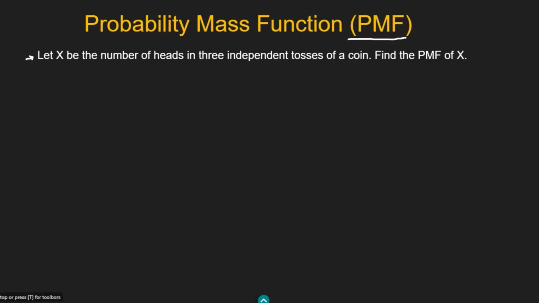Okay, so the question here is: let X be the number of heads in 3 independent tosses of a coin. So a coin has been tossed 3 times sequentially. What do we have to do?